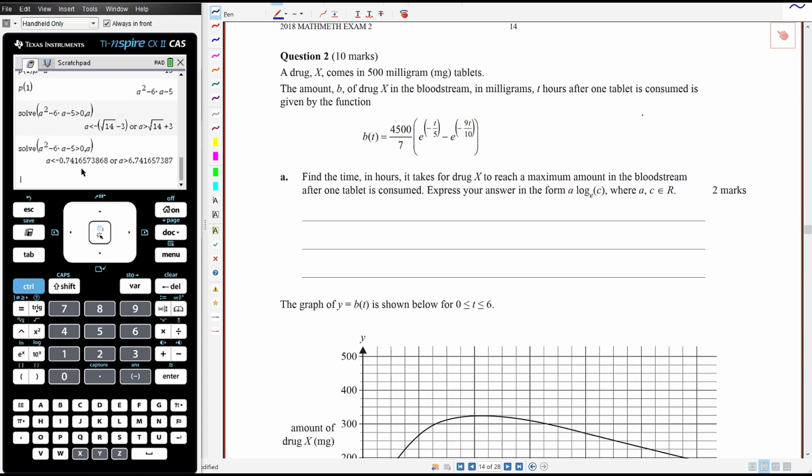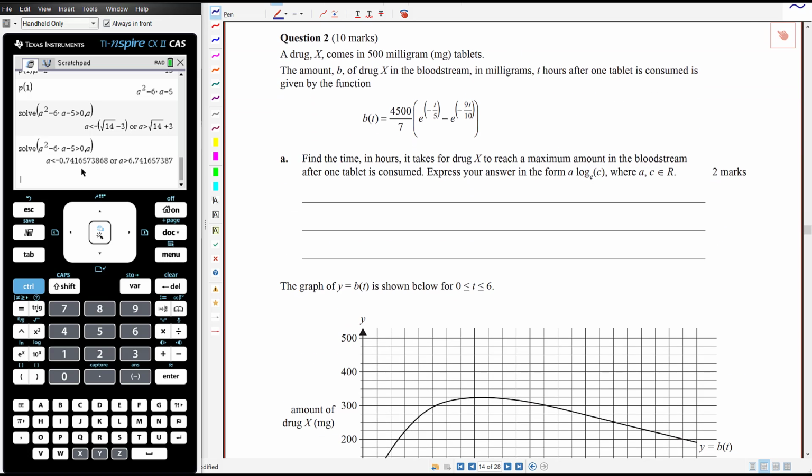Okay, question 2. A drug X comes in 500 milligram tablets. The amount B of drug X in the bloodstream in milligrams t hours after one tablet is consumed is given by the function. Okay, I'm just going to clear my window here. I'm going to define a new function.